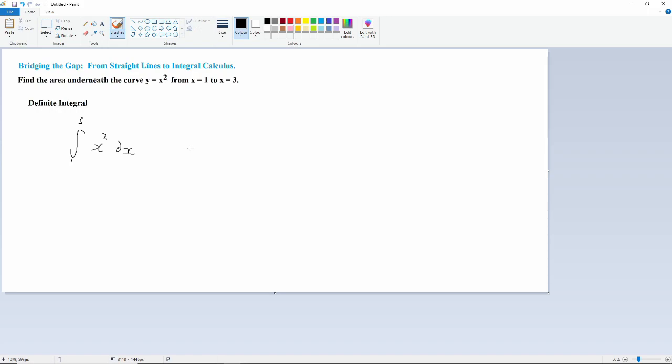So we're looking for the integral of x squared dx when x equals 3, because we're looking for the change in y, minus the integral of x squared dx when x equals 1.